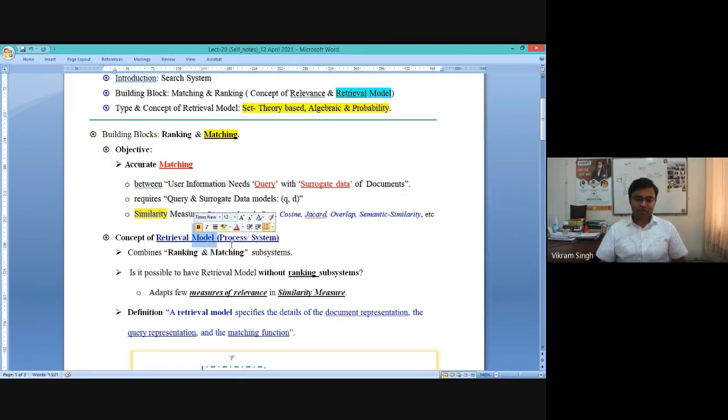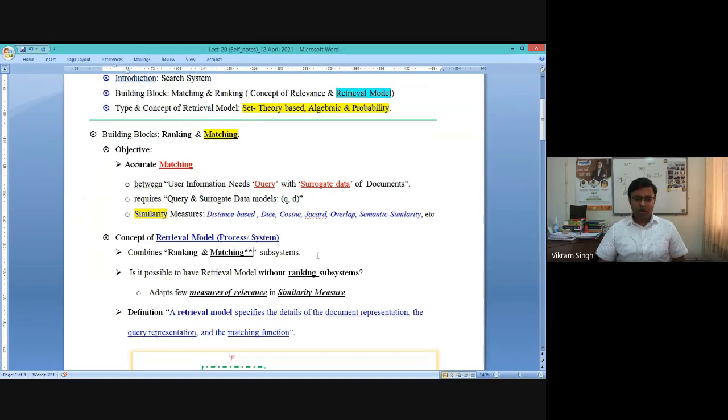When we say retrieval model, it will always have these two subsystems, based on the requirements. Like I have said, for any retrieval process, for any retrieval system, you should always have a matching process. So matching is a mandatory part. But ranking is always optional, because sometimes a system does not require any kind of ranking because it fetches only a limited set of results.